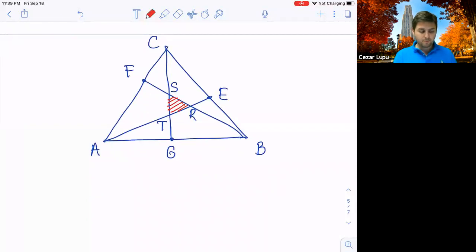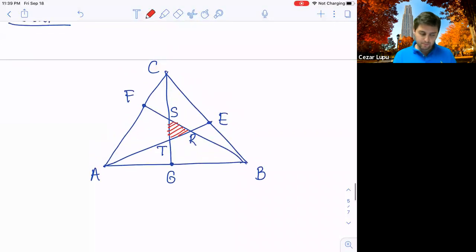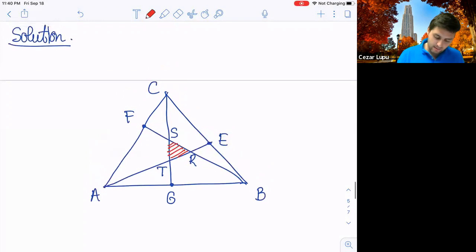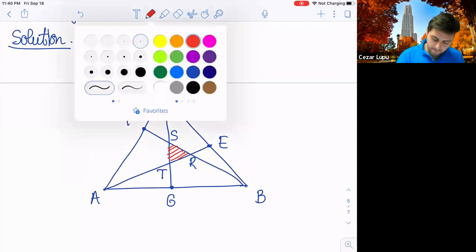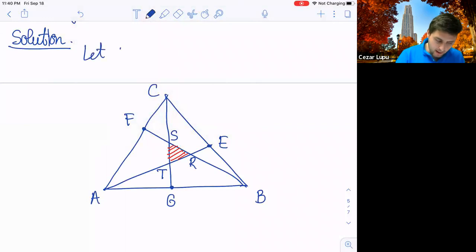Okay, and now let's look. You see these vectors BE and BC are collinear, so we can say that vector BE, starting from B, with orientation going from B to C, will be some constant X times vector BC, and we also have the analogs.